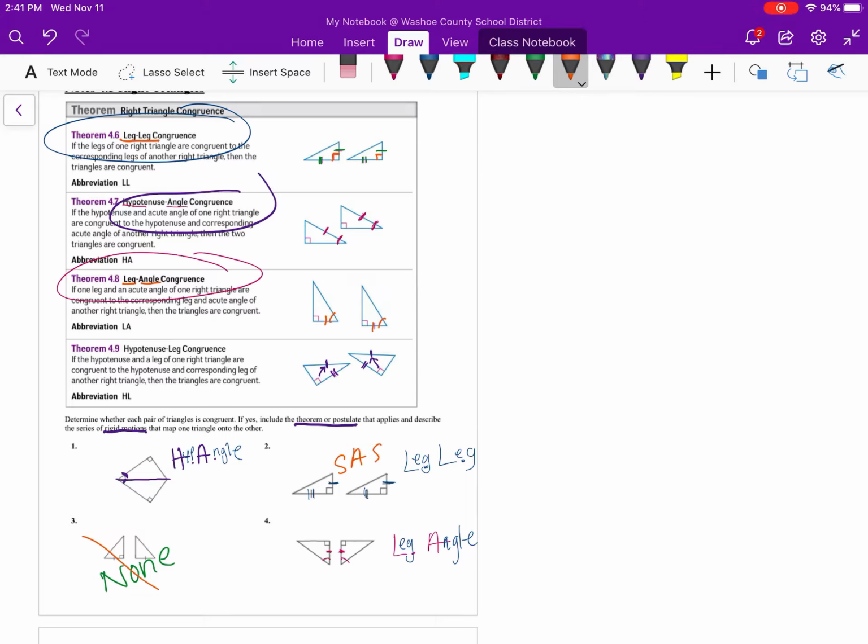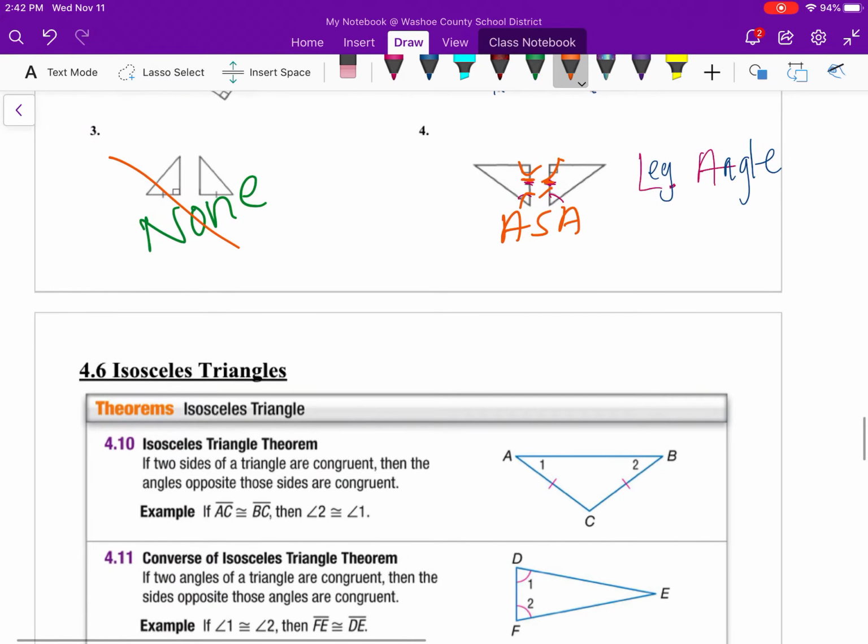This one would be side angle side. This one would be angle side angle because we have the side between our two angles that are marked. And this last one we can go angle side. But again, they have a special name when we are talking about right triangles specifically.